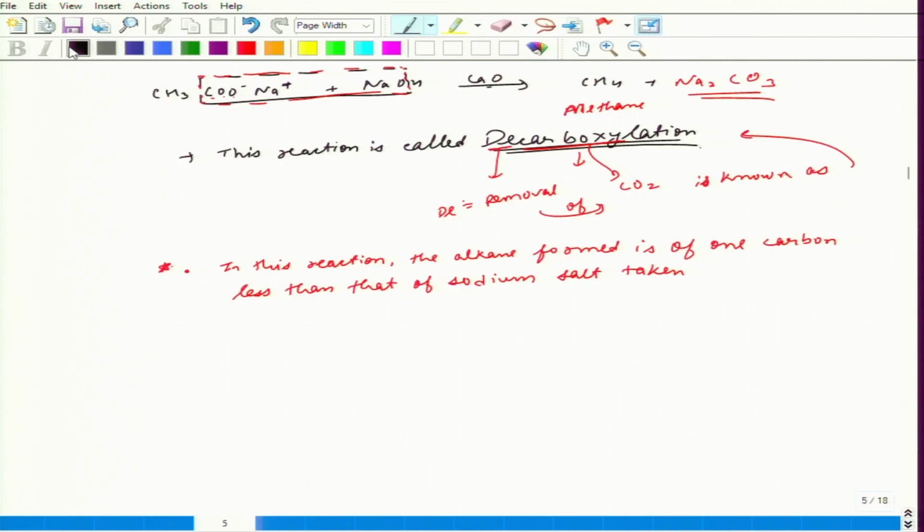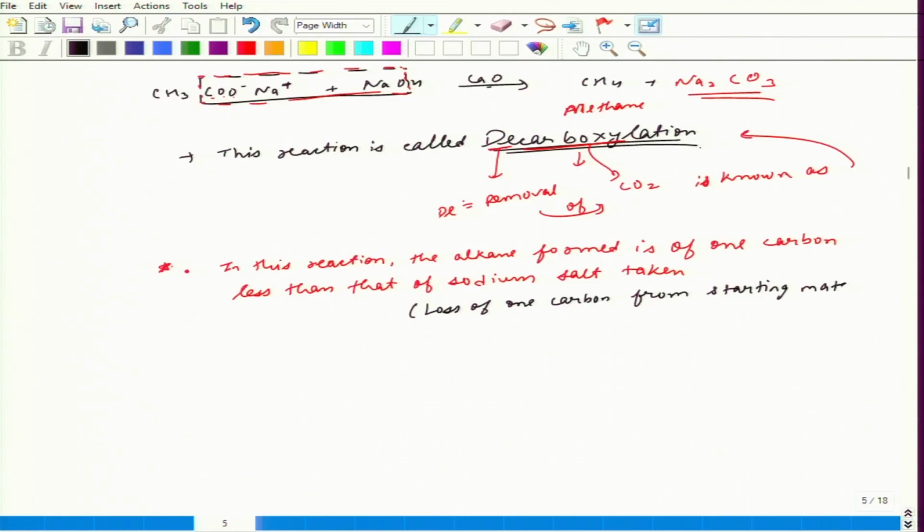That means a loss of 1 carbon from the starting material.